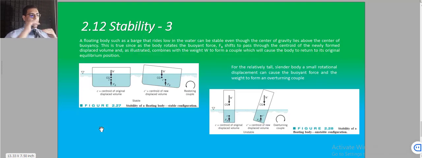But if we have a tall thin body floating in a fluid, if the center of gravity is above the center of buoyancy, as long as it upside downs, the overturning is going to happen. So if you have a tall thin body and the center of gravity is above the center of buoyancy, if we upside it down, there is an overturning couple and it is not going to return to the equilibrium situation.